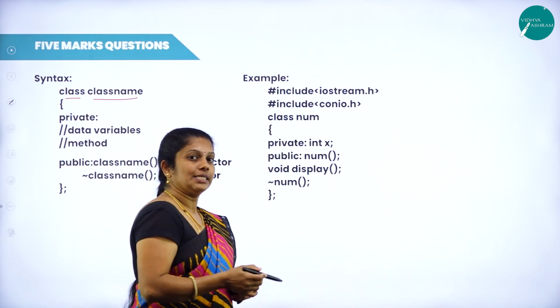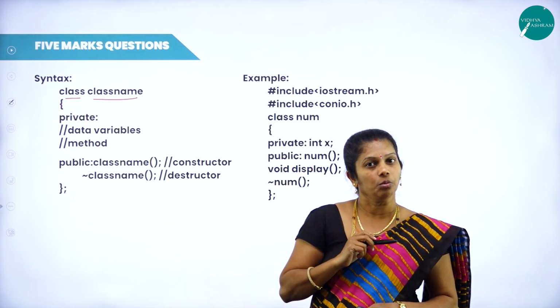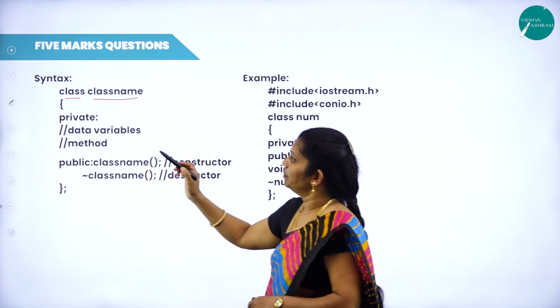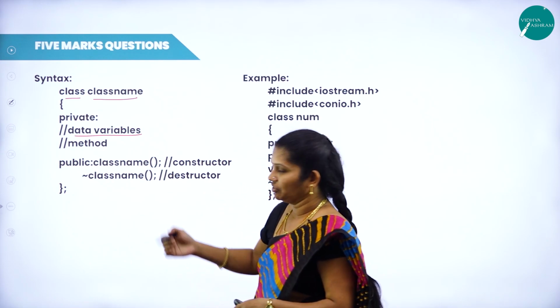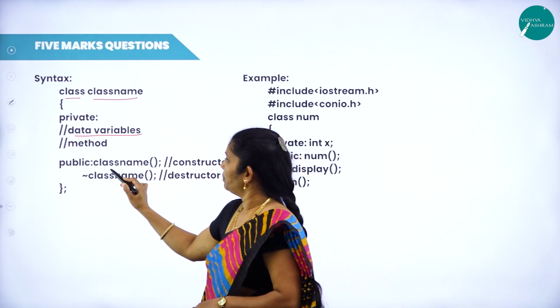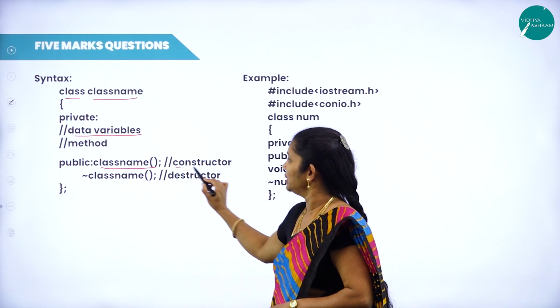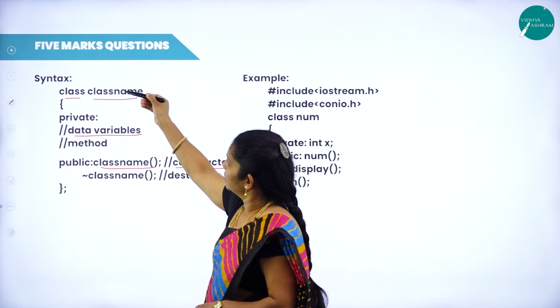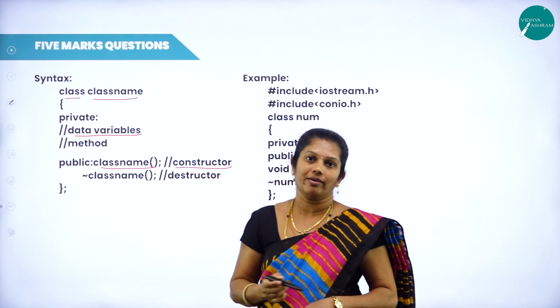Next, observe the syntax. We have class, then the class name. If I want to use a destructor, then there must and should be a constructor also. In the private section, we declare the data members and whichever functions you want. In the public section, this is the class name once again, and this is called the constructor. Here we have the class name, and here also the class name.